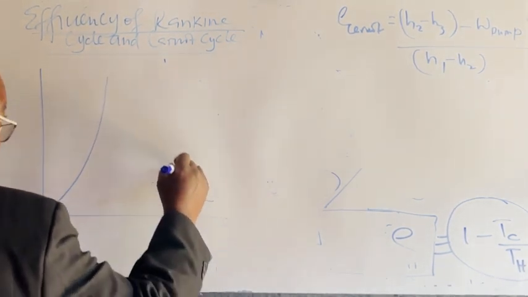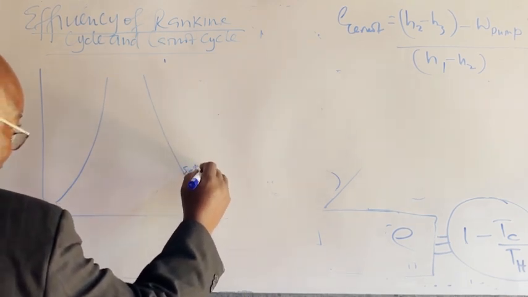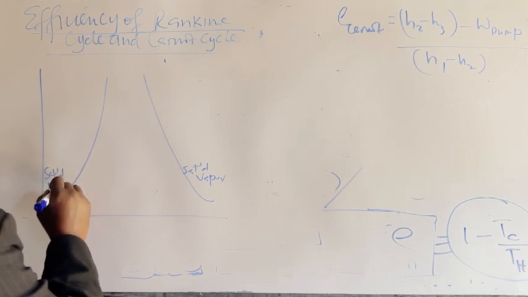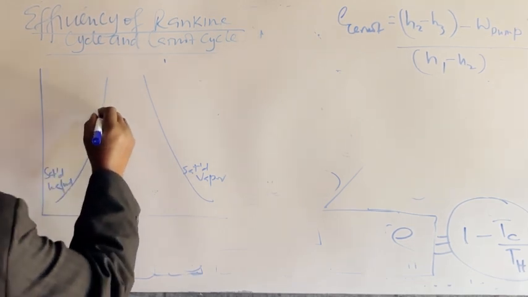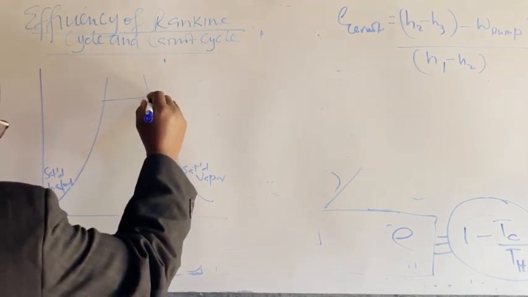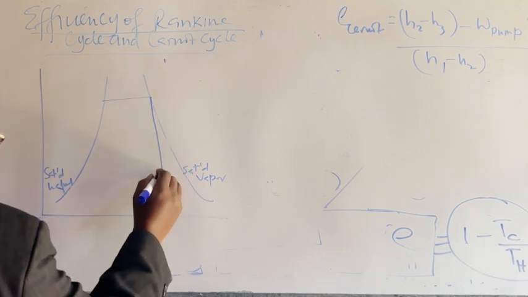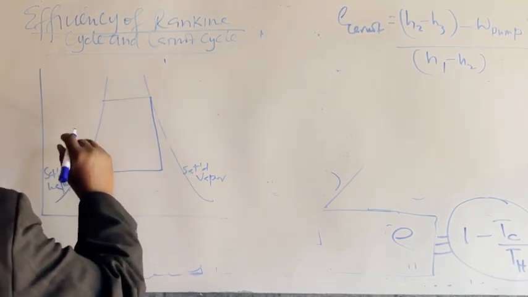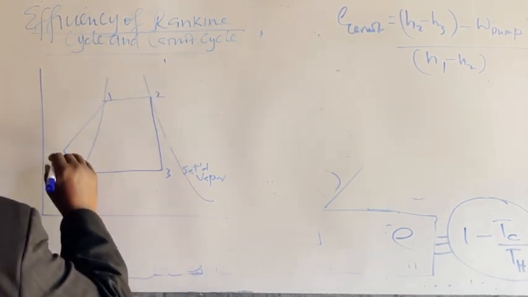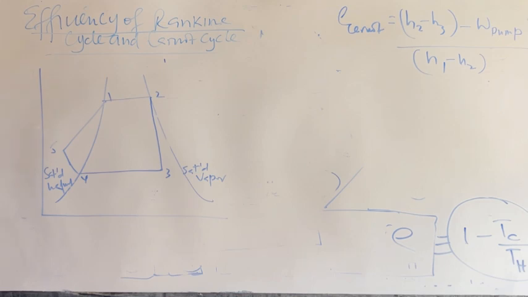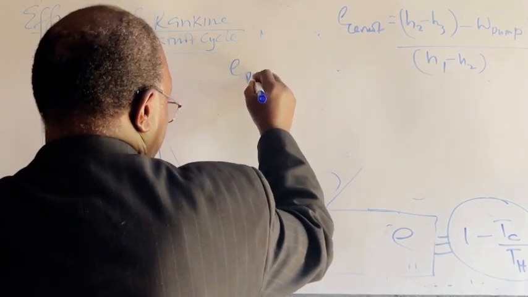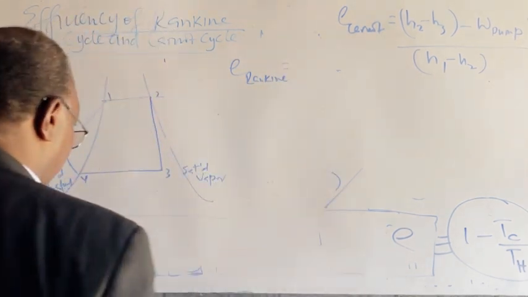We have a saturated vapor curve, a saturated liquid curve, and we have our processes: one, two, three, four, five. Again, the efficiency for the Rankine cycle is very simple.